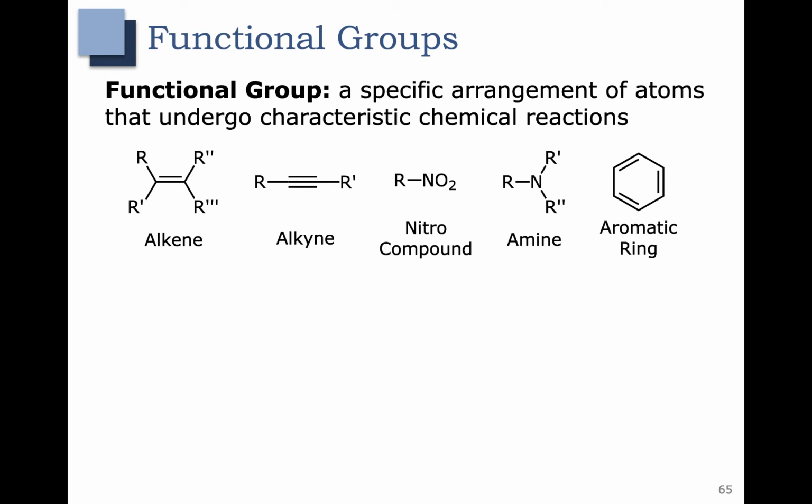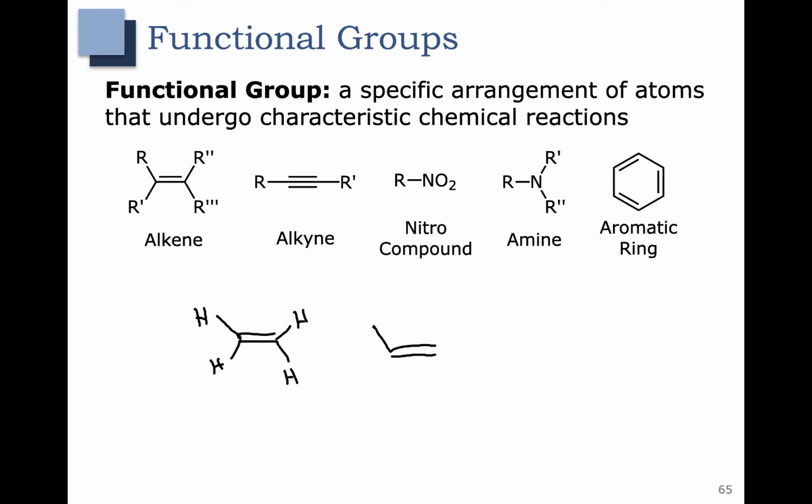Our first functional group here is the alkene. The alkene is basically just a carbon-carbon double bond. What we have here are different R groups, and that's just telling you that those can be different things. So, for example, this is one type of alkene.